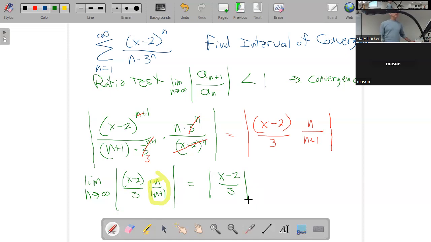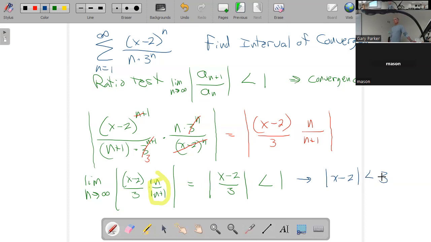Okay, next, what does the ratio test say about the limit? It says that limit has to be less than 1. Check it out. This 3 in the bottom is positive. I can pull it out of the absolute value and multiply it to the other side. So I could also write this result as the absolute value of x minus 2 has to be less than 3.